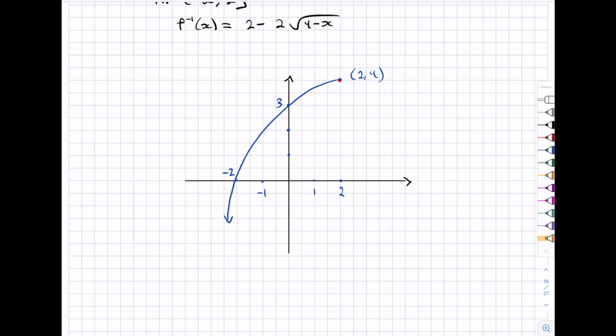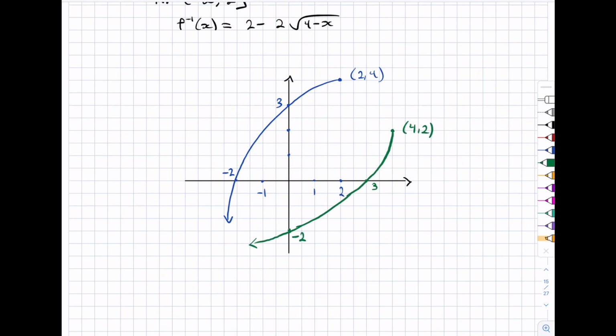That point is going to be reflected across the line y equals x, and it's going to become 4, 2. So 4, 2 would sit somewhere here. I had a y-intercept of 3. That's now going to become an x-intercept of 3. I had an x-intercept of -2. That's going to now become a y-intercept of -2.